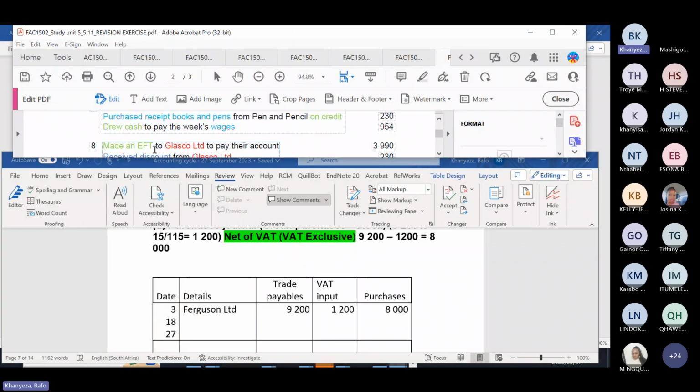Made an EFT to Glasgow to pay their account. So we are paying something that we've bought. Let's see. That is the age, 3,000. I just want to see where we also had Glasgow.